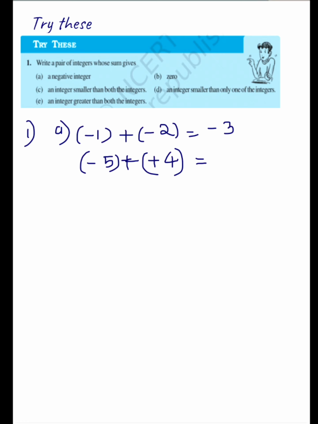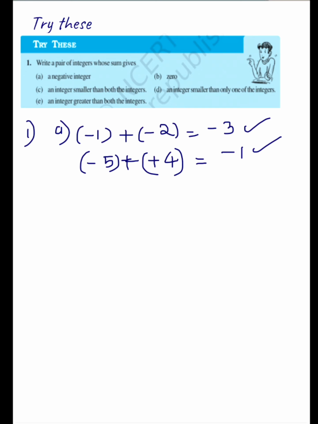So 5 minus 4 means 1, and put the sign of the higher number, that is negative. So in this case also we got the sum as a negative integer. So both these are correct.